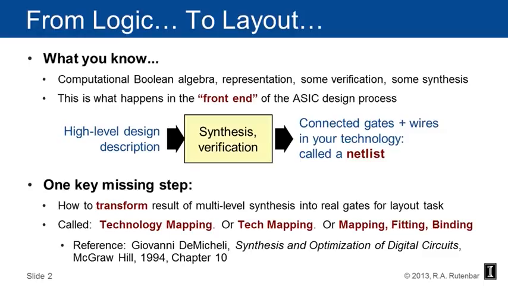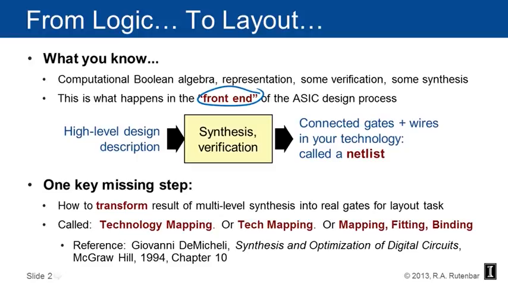This is the so-called front end of the ASIC design process. The back end is the layout, the geometry end, and there's a big missing step, which is how do you actually go from the results of multi-level synthesis into real gates for the layout. And perhaps it's a bit of a surprise that you don't actually get real gates as the result of multi-level synthesis, and that's the topic of this lecture.